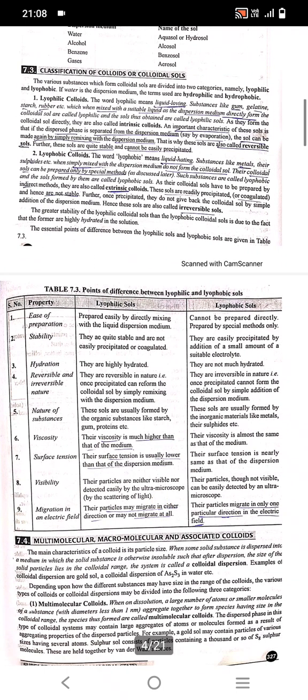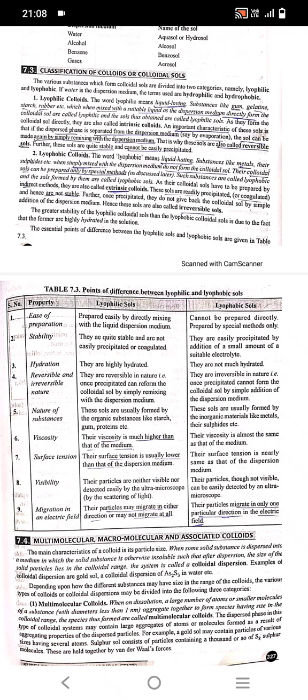Lyophobic colloids: the word lyophobic means liquid hating. Substances like metals, their sulfides, etc., when simply mixed with the dispersion medium, do not form the colloidal sol. Their colloidal sols can be prepared only by special methods, discussed later.